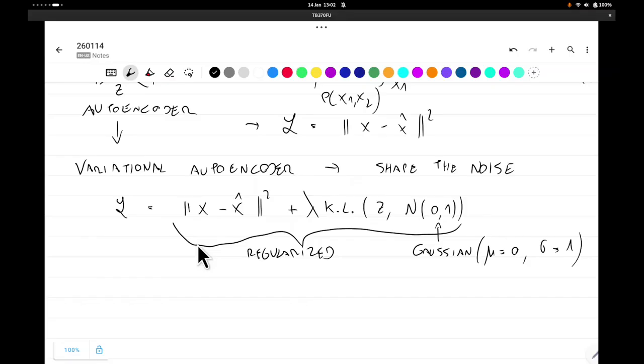Or maybe also create new structures of the same molecule. Yes, that all depends on the task that you train the network on.